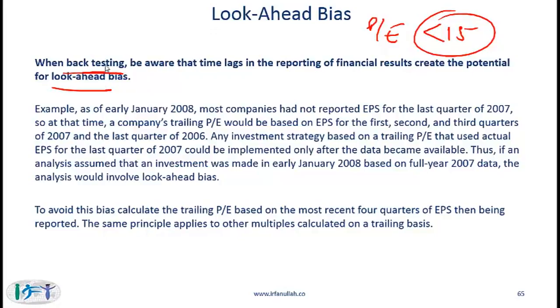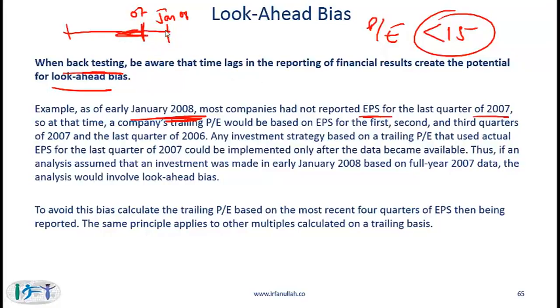But what are the risks when you do backtesting? Take an example where, let's say, it is January 2008. So this is the end of 07 and you are here in Jan 08. Most companies had not reported EPS for the last quarter of 07.